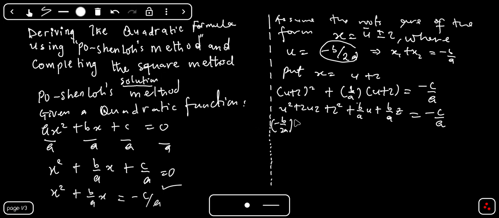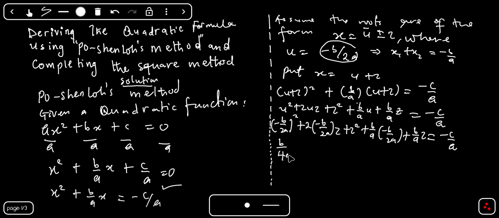Then we have (minus b over 2a) squared plus 2 times (minus b over 2a) multiplied by z plus z squared, plus b over a multiplied by minus b over 2a plus b over a multiplied by z is equal to minus c over a. Minus b over 2a squared will give us b squared over 4a squared.